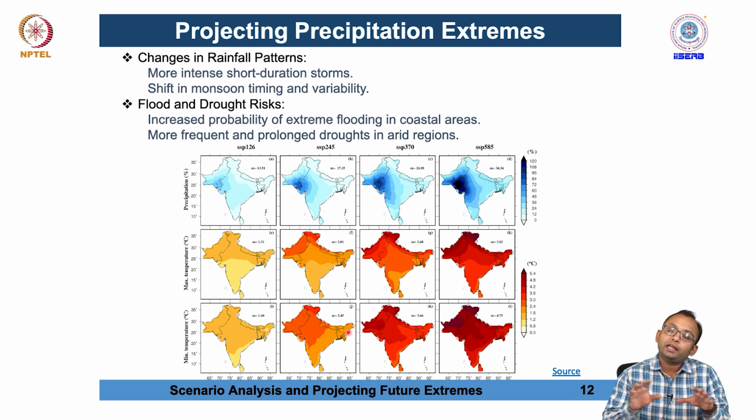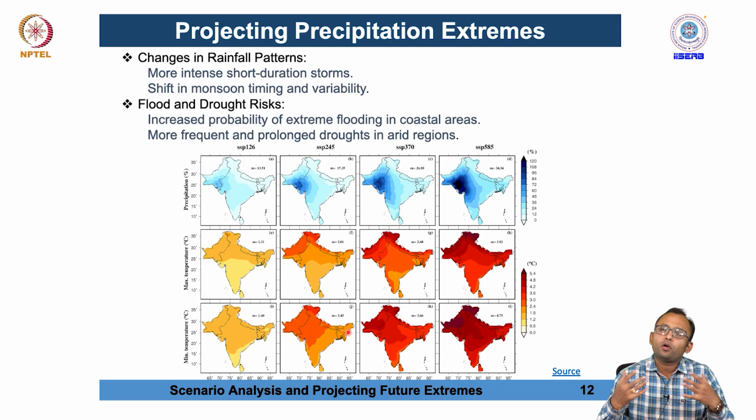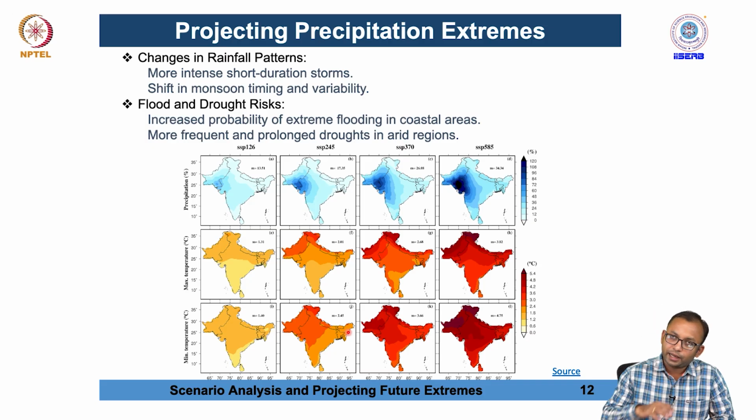So, when we are dealing with different types of scenarios, if these are fossil fuel dominated societies, and we are still continuing to use fossil fuels, it is highly likely that we will emit a lot of carbon dioxide gas or GHG emissions to the atmosphere, and that will lead to more warming, more extreme weather conditions, and therefore more climatic extreme conditions across India, across the world.